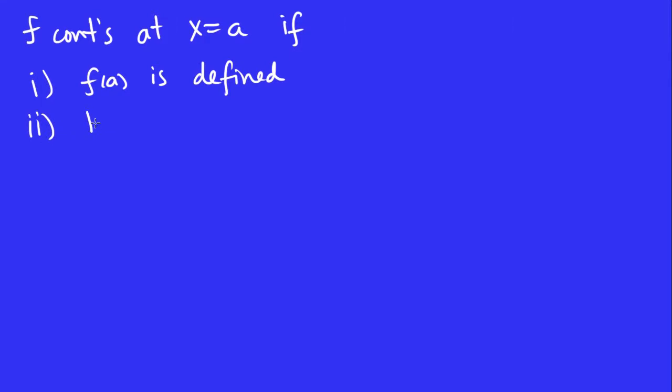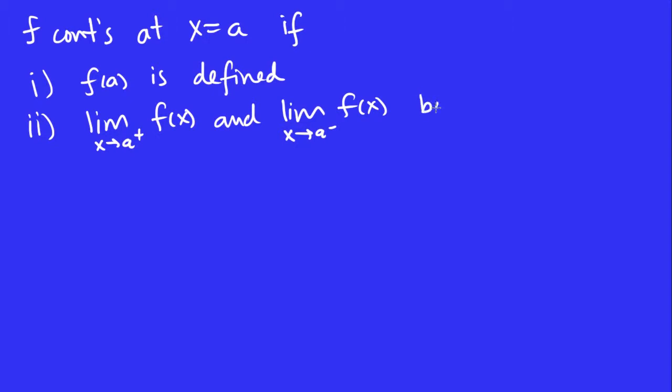The limit as x goes to a from the right of f of x, and the limit as x goes to a from the left of f of x, both exist as finite numbers. And all three of these finite numbers should be equal.